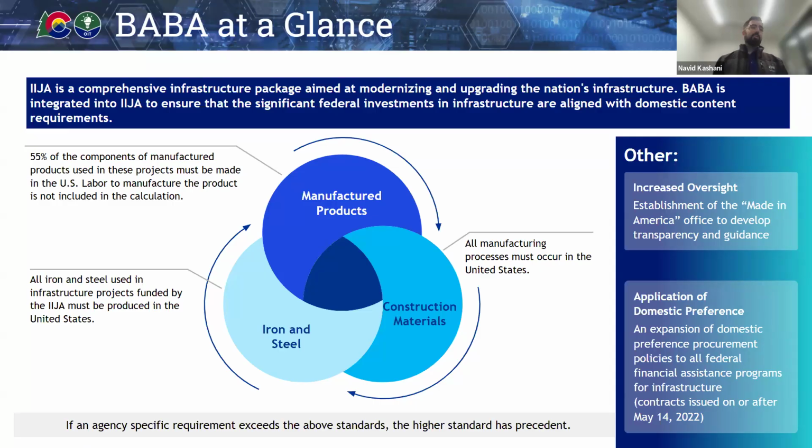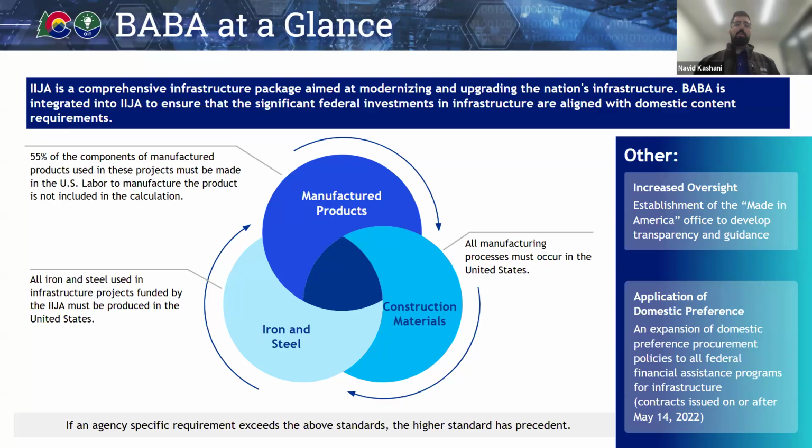So what's the test? First, it needs to be manufactured in the United States. If it's not being manufactured in the United States, don't even worry about the cost of components test, because that's the first bar to get through. The second piece, and what you've probably heard of, is the cost of components.